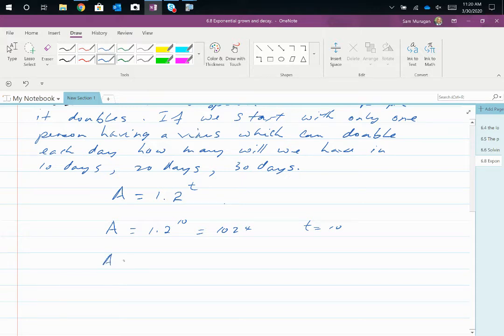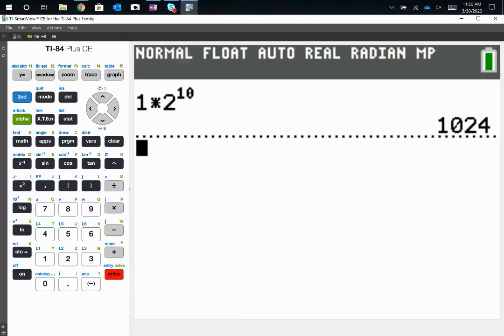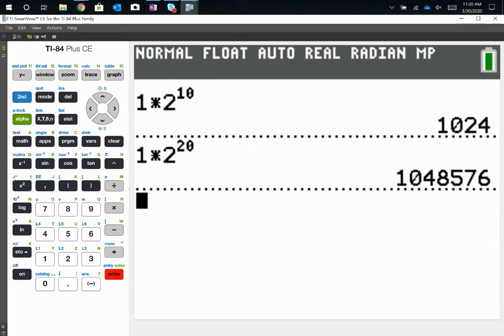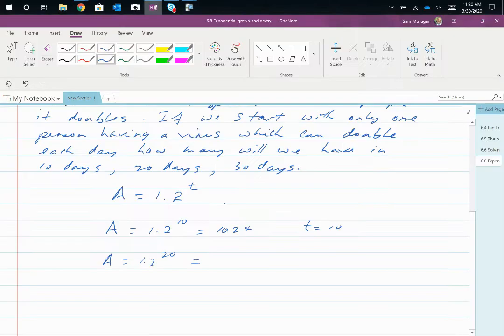Now, look what happens at 20 days. One times 2 to the power 20, 1,048,576 people have the virus.